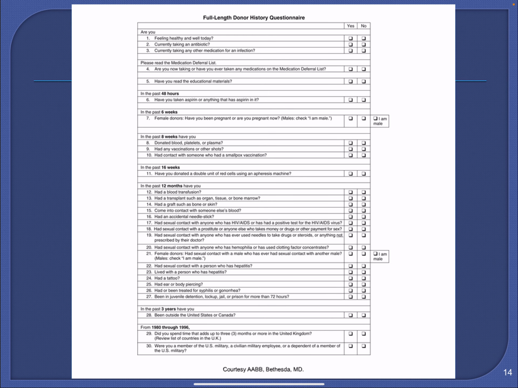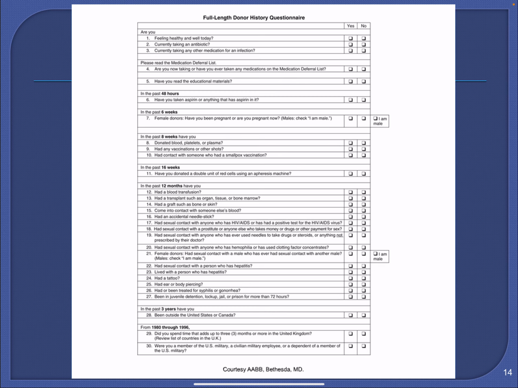This is the picture of the full-length donor history questionnaire and all the questions that would be asked. This is on page 312 in your textbook, just so that you can get some ideas about what is being asked of the donors. Basically they start with, are you feeling well? Are you feeling healthy? In the past 48 hours, in the past 8 weeks, in the past 16 weeks.